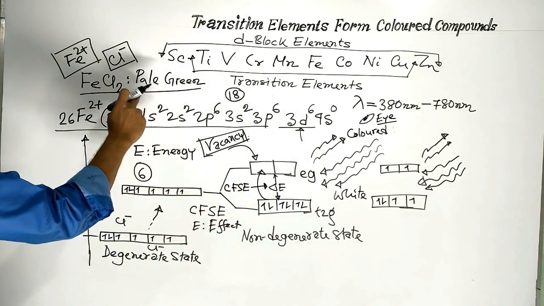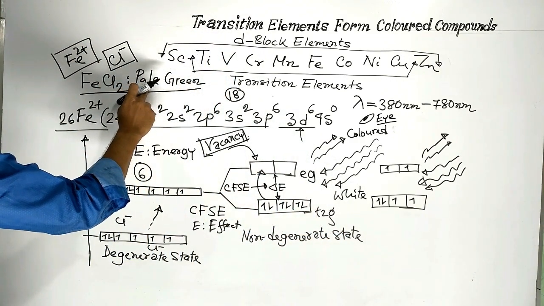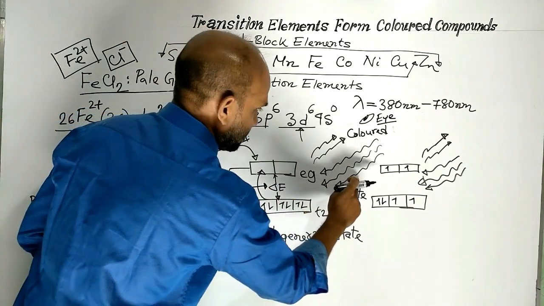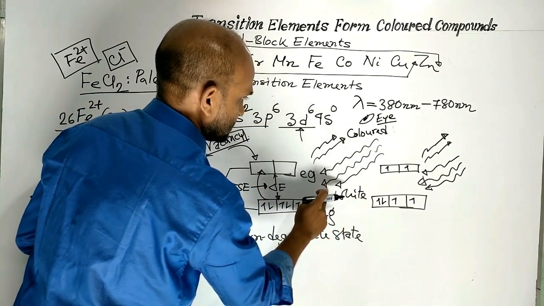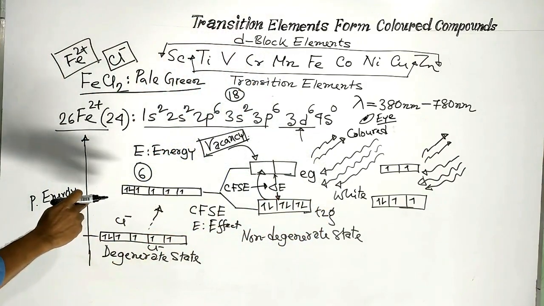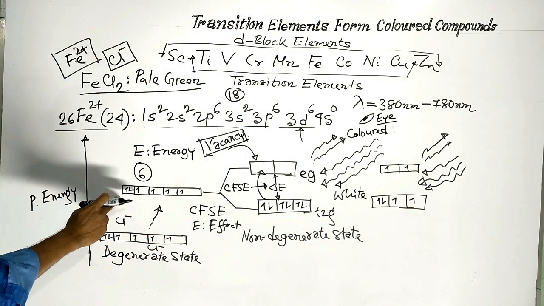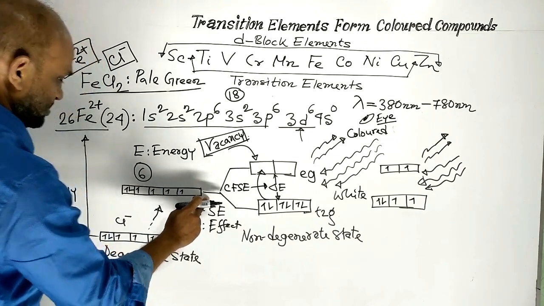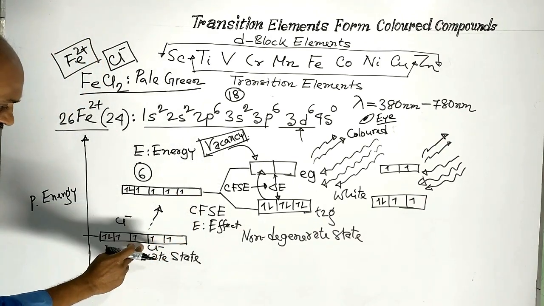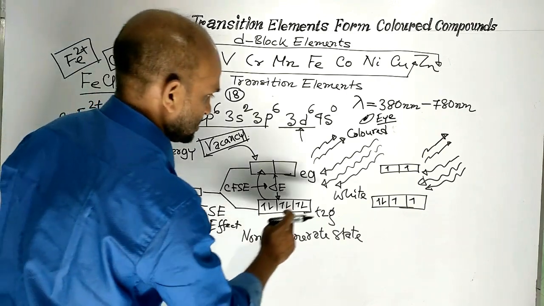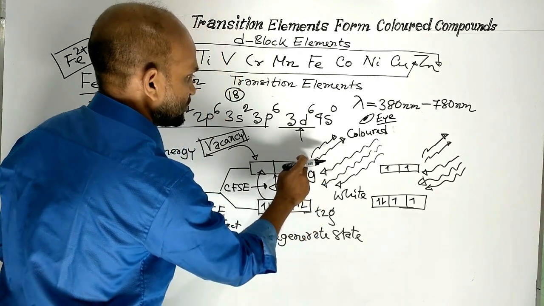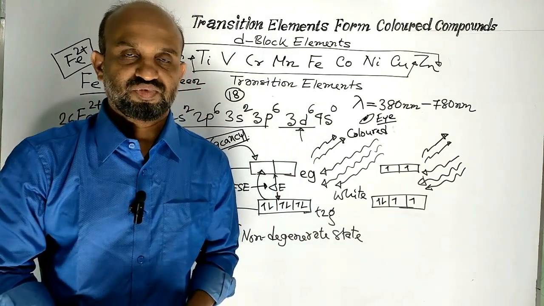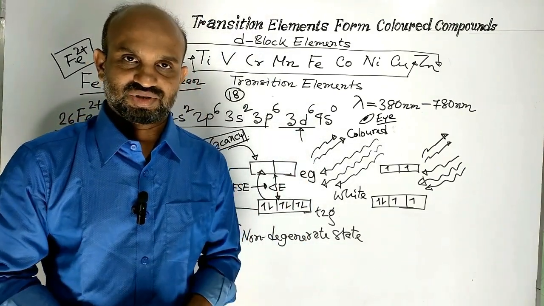Pale green is the complementary color here. So the responsible points are the electronic configuration of metal cations, the presence of anions, and after that the absorption and reflection of light. These 3 points are responsible for forming colored compounds.